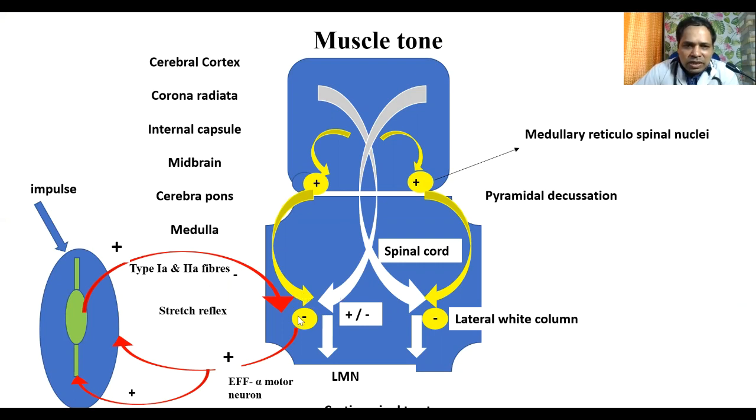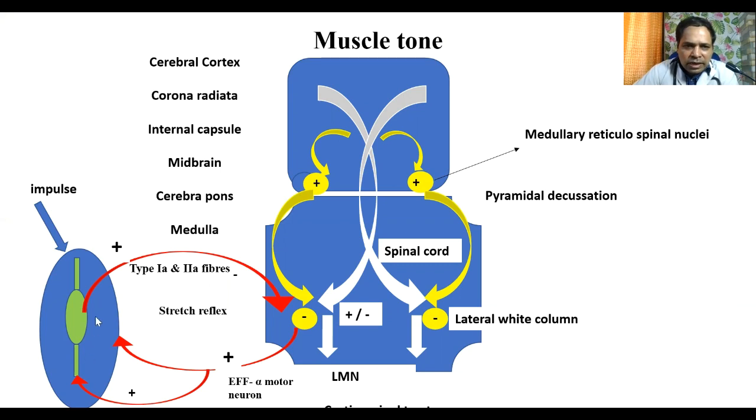So whenever you stimulate here voluntarily, at that time there is stimulation of extrafusal fibers that's going to alpha motor neuron, and also stimulation of intrafusal fibers that's going to gamma motor neuron. From there you get reflex through type 1A and type 2 fibers back here to inhibit.